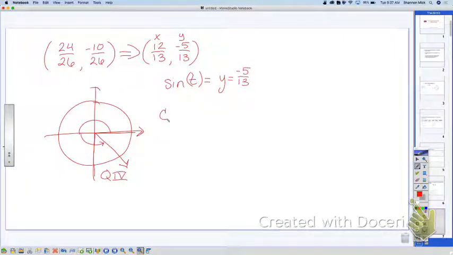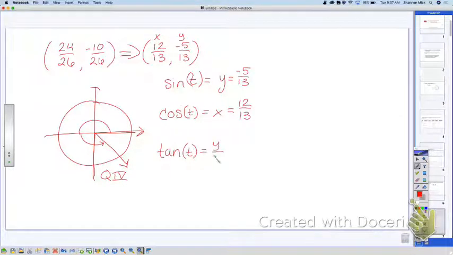Cosine of t, what's my ratio? X. And x is 12 over 13. Tangent, x over y. No, y over x.